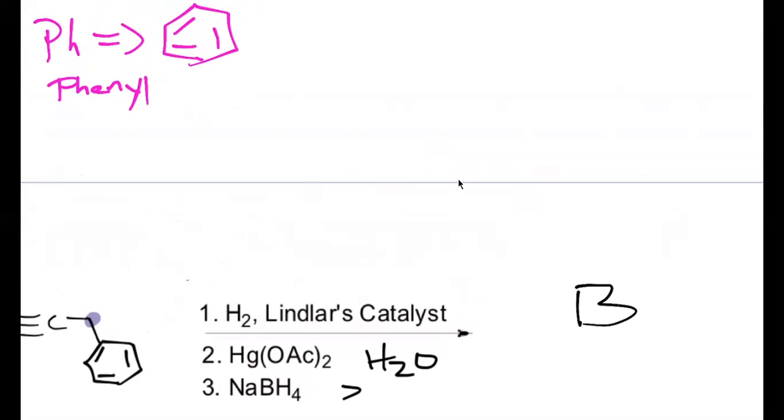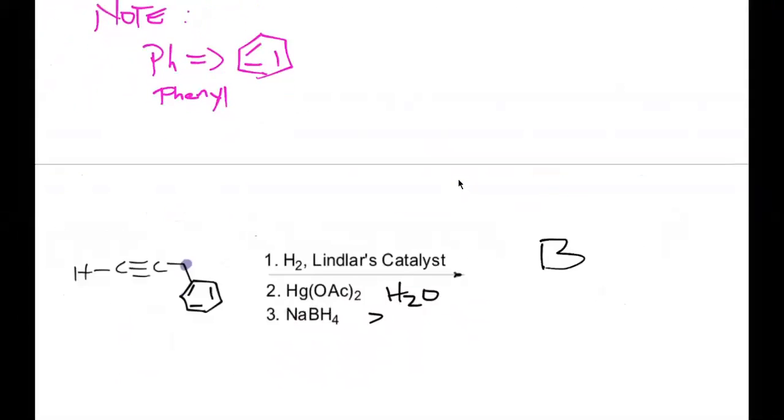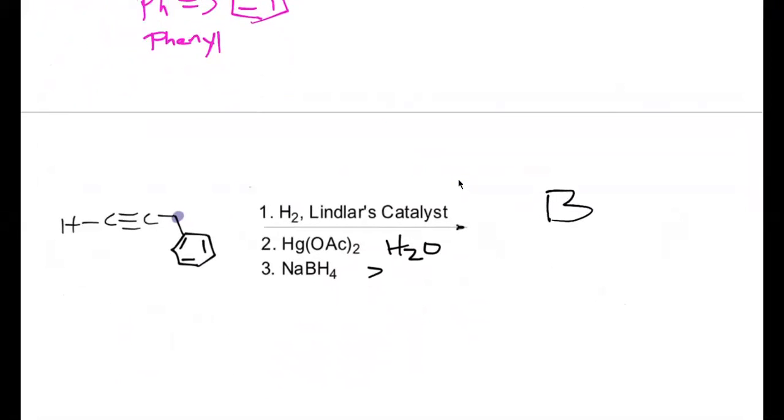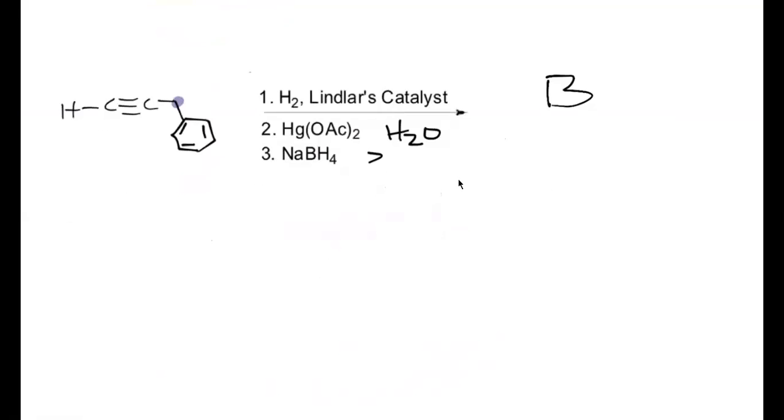So now we have A, and we're going to use A to make B through this sequence of reactions. I'm going to move it this way so we can keep track of everything. What's the first reaction? Hydrogen gas and Lindlar's catalyst. What does that do? Remember, I gave y'all a mnemonic the other day: little children always tripping.